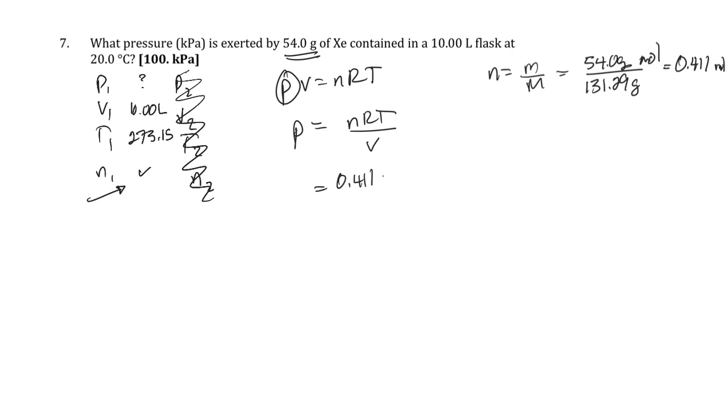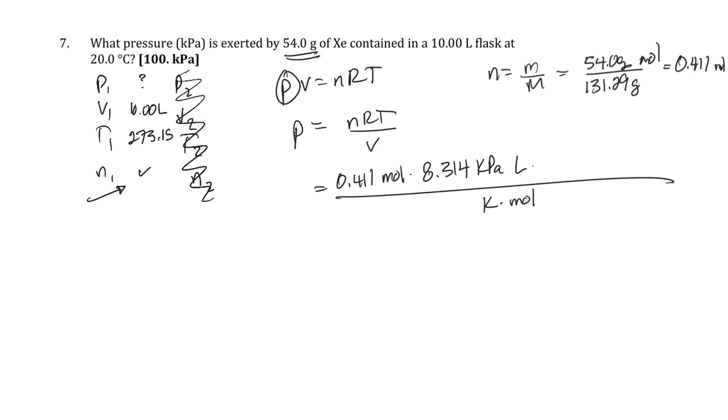So 0.411 moles times the universal gas constant, kilopascal liters per Kelvin mole, times the temperature, which is 20, so that'll be 293.15 Kelvin, and the volume is 10 liters.